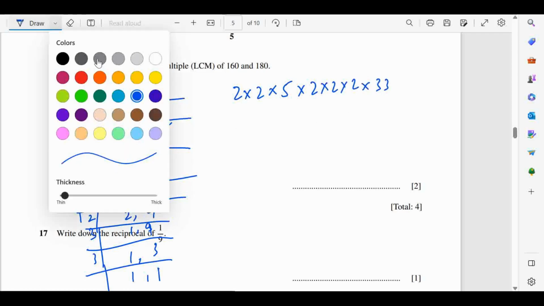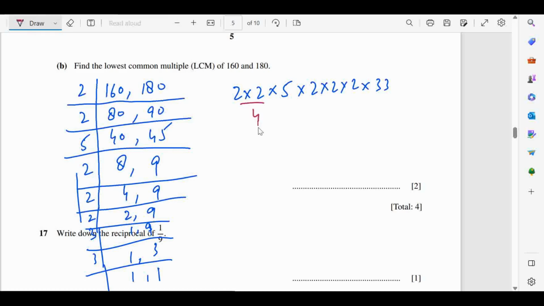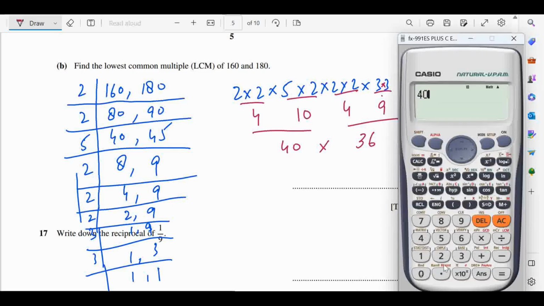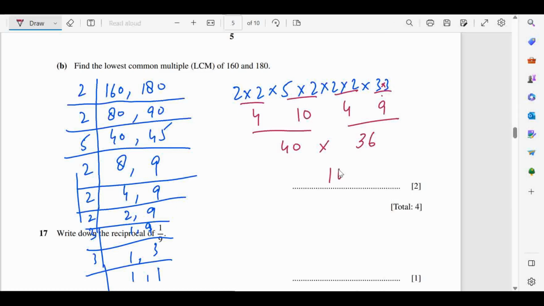So this will be equal to 4, then this will be 10, this will be 4, this will be 9, and then this will be 40, and this will be 4 9s are 36. And if we multiply these two, 40 into 36, this will be equal to 1440. This will be the final answer.